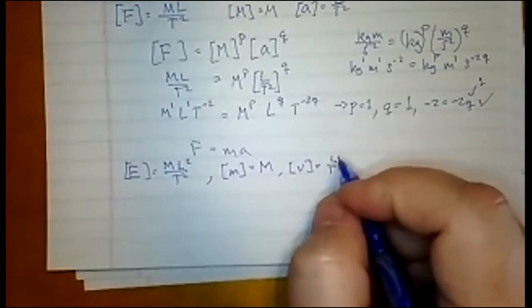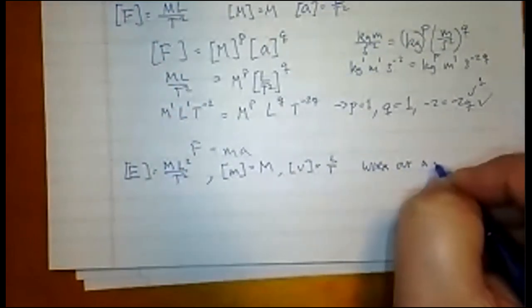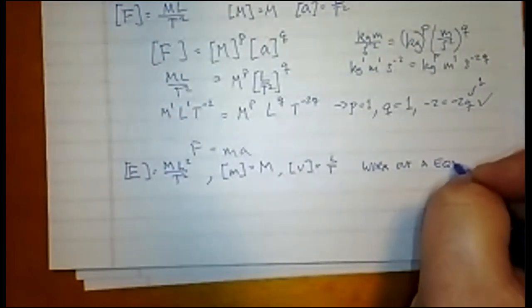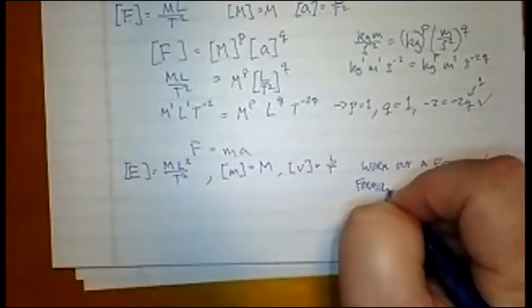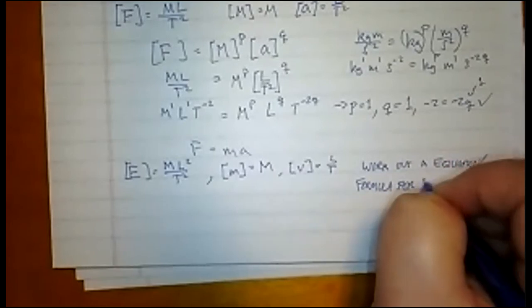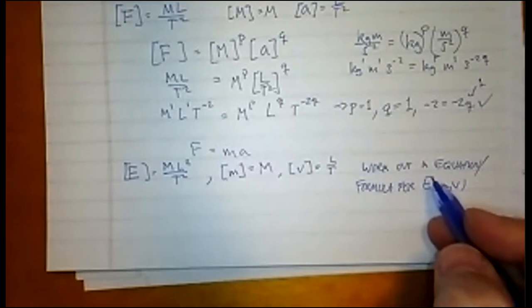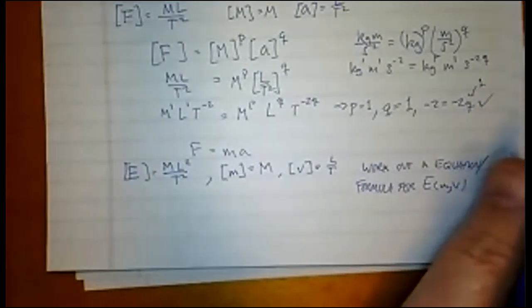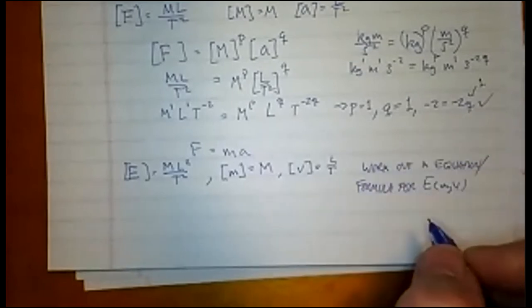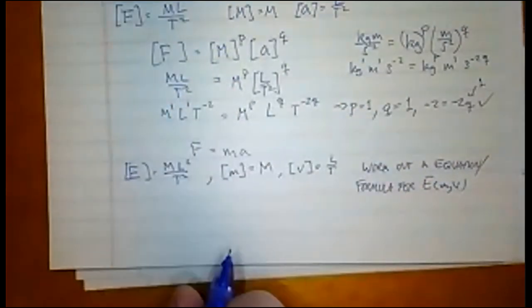So I would like you to work out an equation or formula for E of M and V. In other words, you're going to make E equal to some function of M times V, or M divided by V, or M plus V, all that sort of stuff. So you can do it just like I did. You're going to put M to the P power and V to the Q power and work out what P and Q are and see what you get.